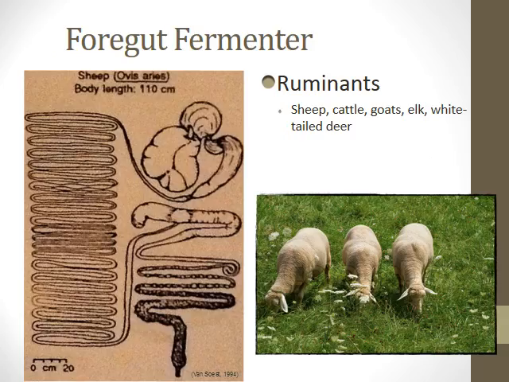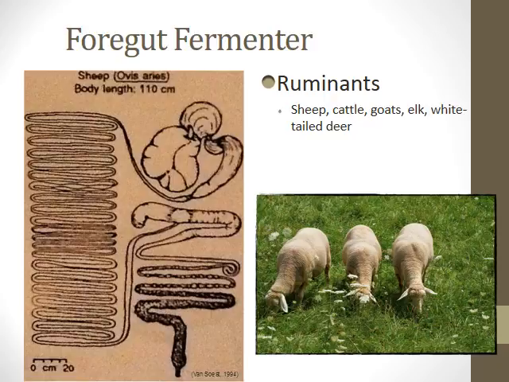Now, another type of foregut fermenter is a ruminant. And examples of ruminants are cattle, sheep, goats, elk, white-tailed deer. And the ruminant has 4 compartments to its stomach. And in order to learn a little bit more about the ruminant, what I want you to do is click on this YouTube video or input the YouTube video into your favorite web browser and watch the video. It discusses the anatomy of the ruminant and a little bit about the different compartments of the stomach.